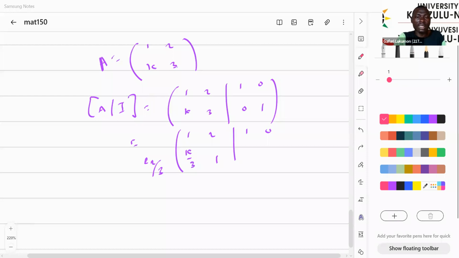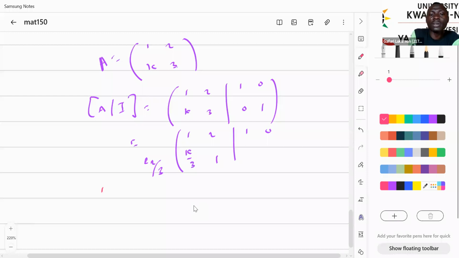Now we were told that the inverse of that matrix exists. Let me check using this method, because this one might give you a problem. I want to make this entry 0.